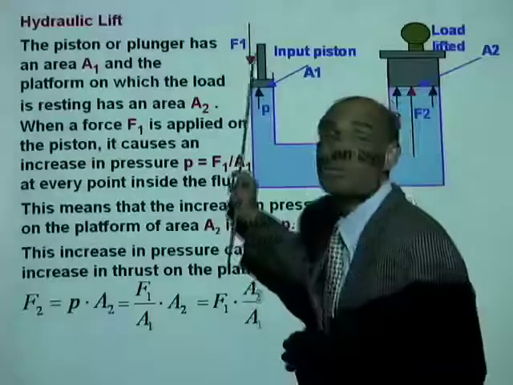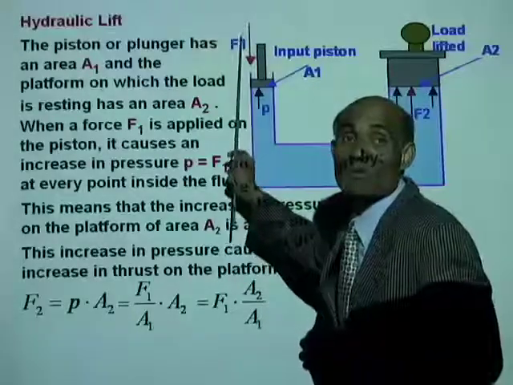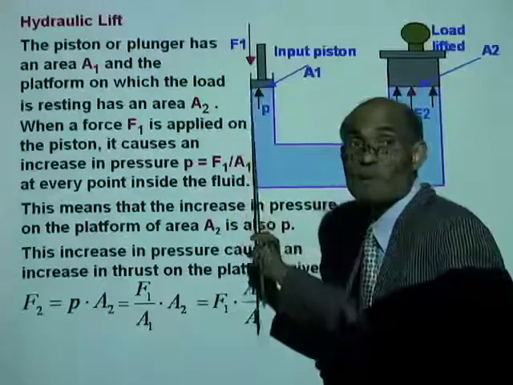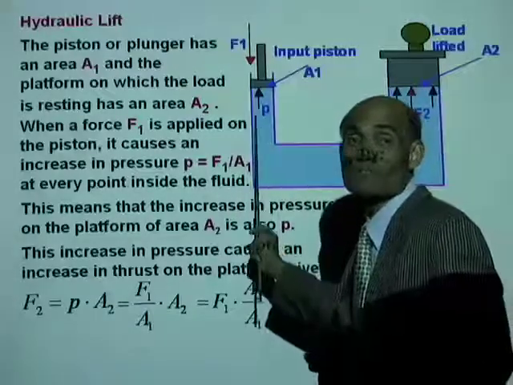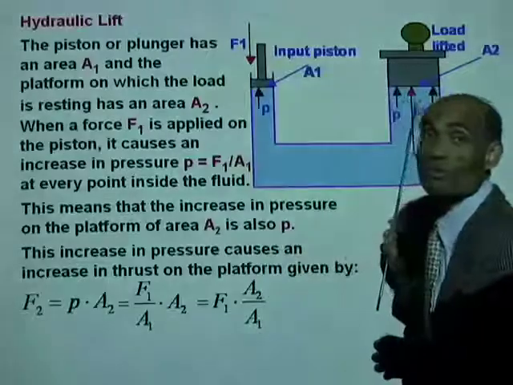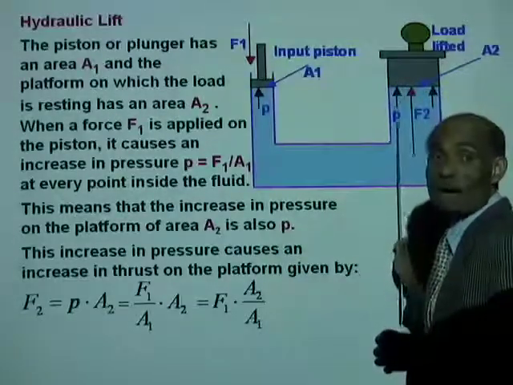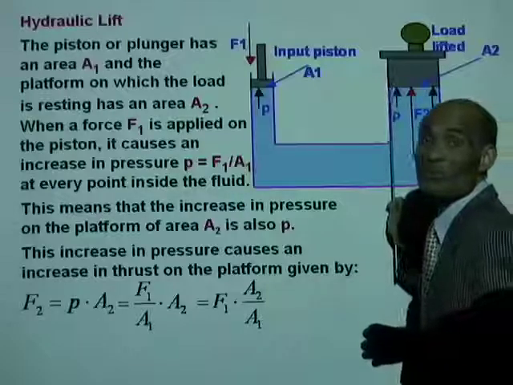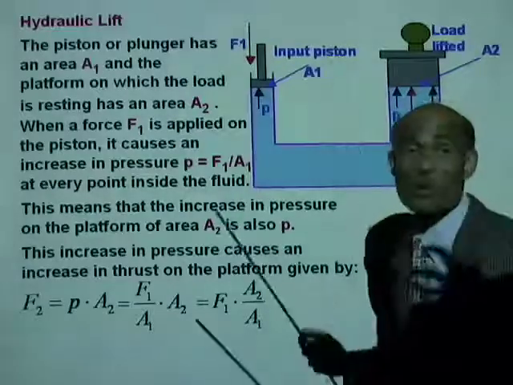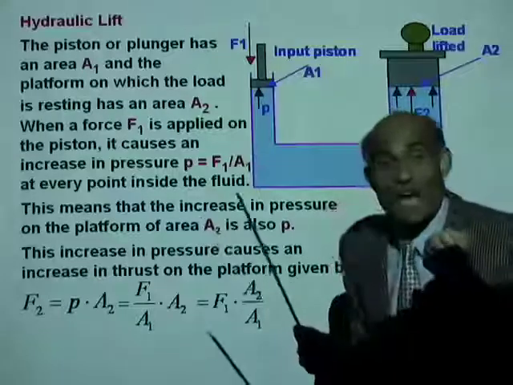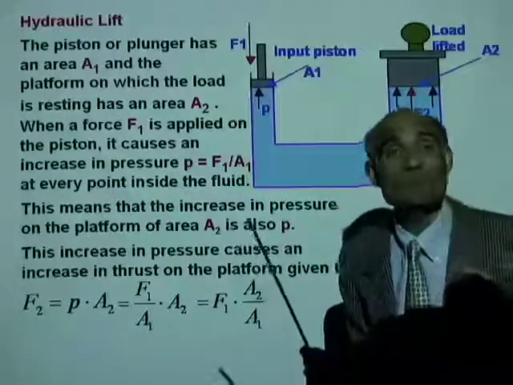So what is the input work done? The input work done is the input force multiplied by the distance moved by the piston. The output work will be the output force multiplied by the distance it will move. When you multiply the output force, the output distance will be very small.